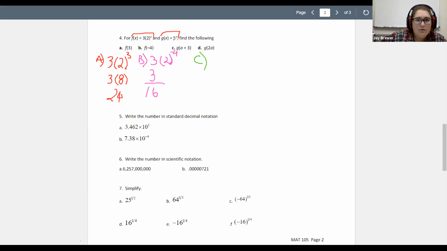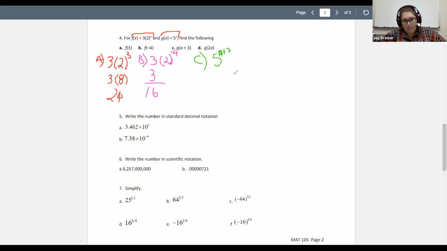Okay, so g is going to be 5 raised to the a plus 3. That is an a, not a 9. Don't confuse it. I'll make it a capital, I guess. Now it's just looking kind of rough. There's an a plus 3 up there.